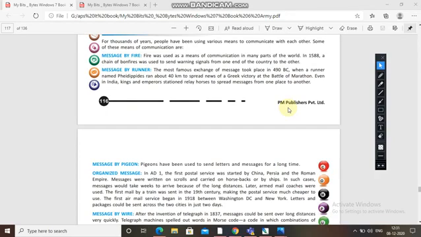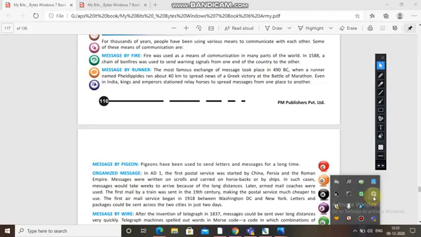Firstly, they sent messages by fire. Fire was used as a means of communication in many parts of the world. In 1588, a chain of bonfires was used to send warning signals from one end of the country to the other. These were used for sending messages.